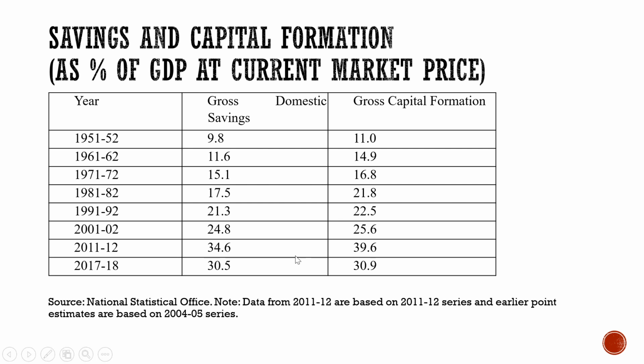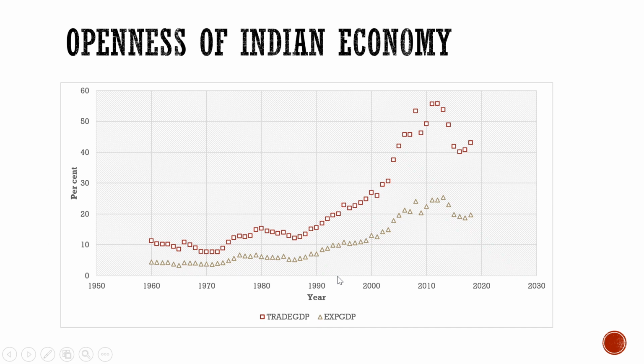So high savings would be inducing more investment. Openness of Indian economy, as we see that trade GDP ratio has increased gradually from 1980s, and from 1990s it increases very rapidly, and after 2003-4 the openness was very high. However, from 2011-12 it decreased to some extent.